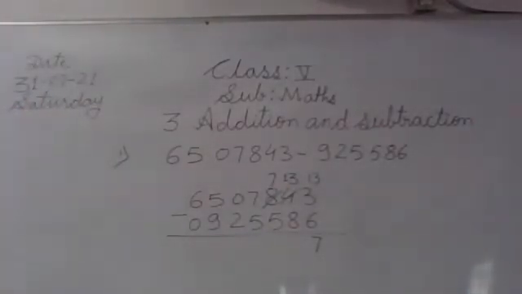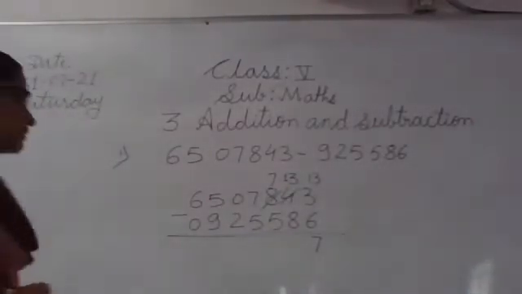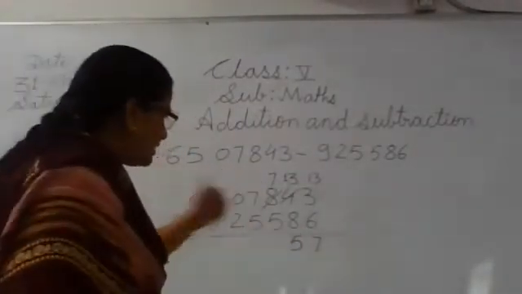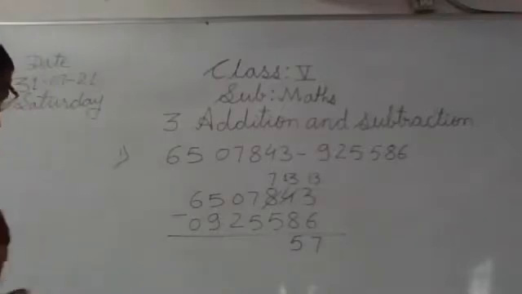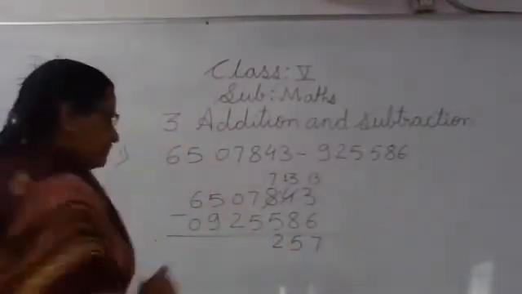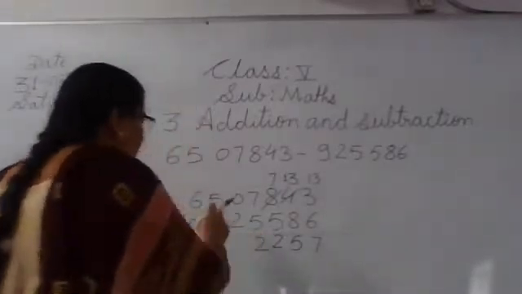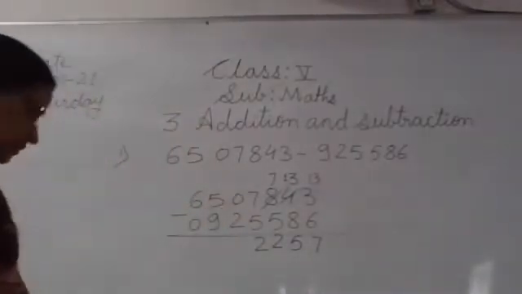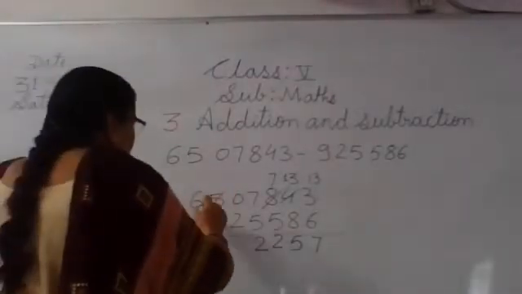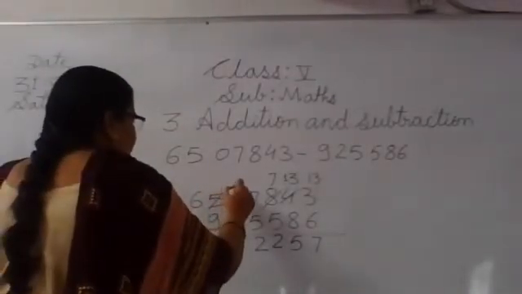Now 13 minus 8. What, beta? 5. 7 minus 5, 2. Again 7 minus 5, 2. 0 minus 2, not possible. So we will borrow 1 from this 5.